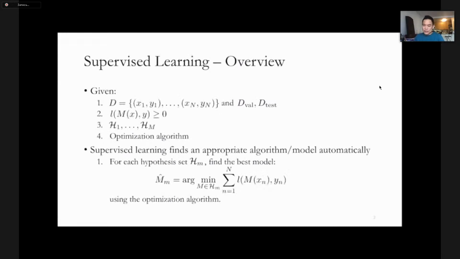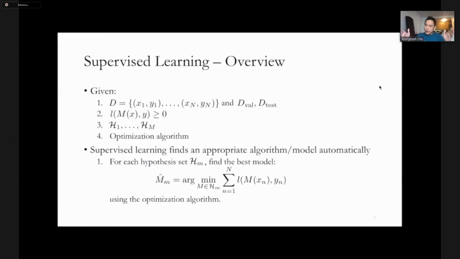So in supervised learning, we are given a set of data sets. In fact, we are given 3 data sets: a training set, a validation set, and a test set. We are often given, let's say, one big chunk, but we have to somehow partition it into 3 sets. Then we're given a loss function that allows us to compute for each example how good our model's prediction is.